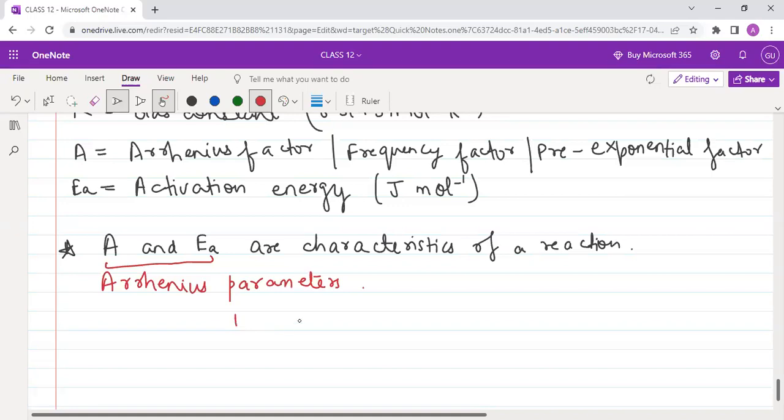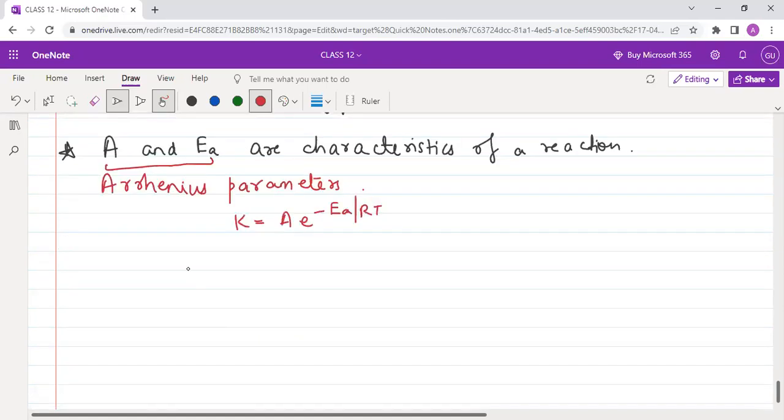Now the equation is K is equal to A e to the power minus EA by RT. Now if we take ln both sides, what will we get? If we take ln K on the left, on the right hand side also we take ln. These two terms are in multiplication: A into e to the power minus EA by RT.